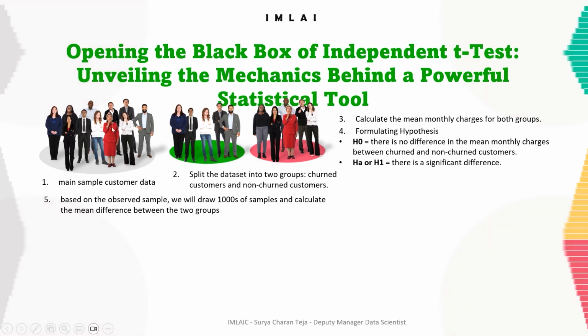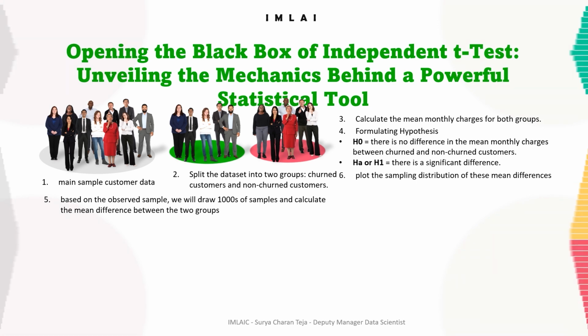Based on the observed sample, we will draw thousands of resamples, 1000 resamples. Each resample we split into two groups, churned group and non-churned group, and again calculate the mean monthly charge of the churned group and of the non-churned group.